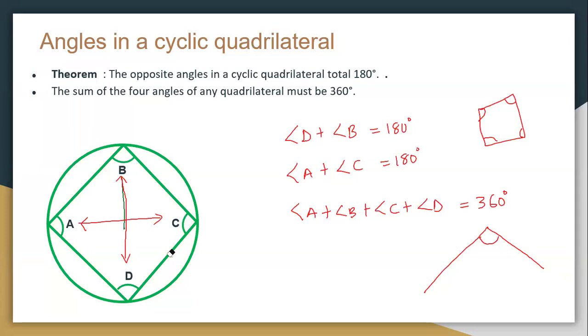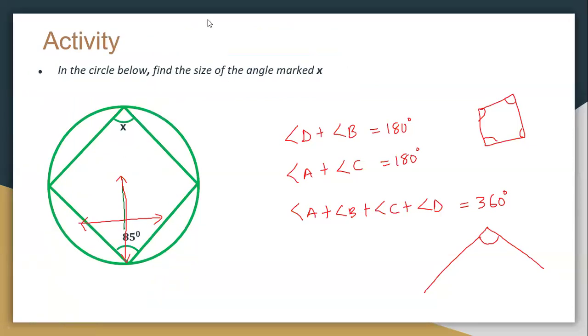Yes, an angle within a circle that is created by two chords at a point on the circumference. Okay, I think we are good to try out a number. Can everyone try out this one?